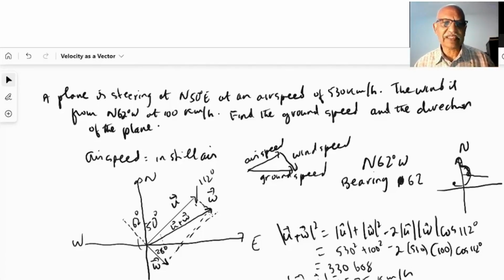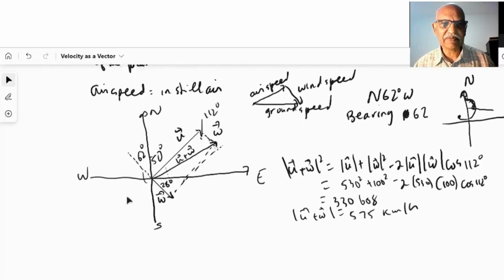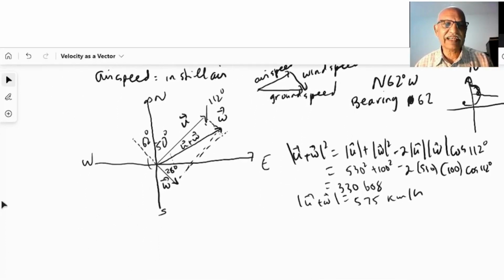So now we find the direction. We can find the direction from north or from south or west. Let's say this angle here is theta, because we know from here to here is 40, but we want to find the direction, either this angle or this angle here.